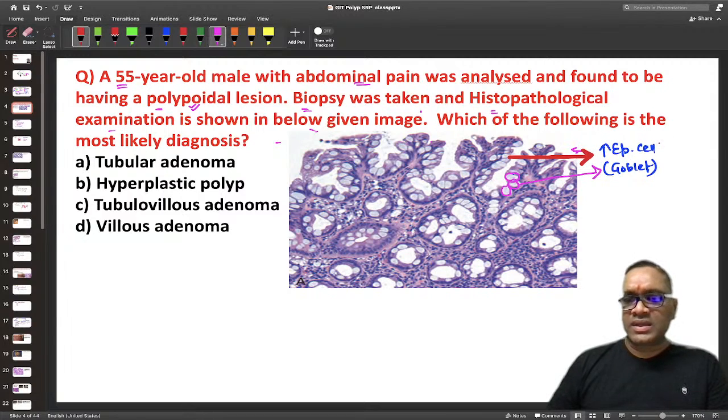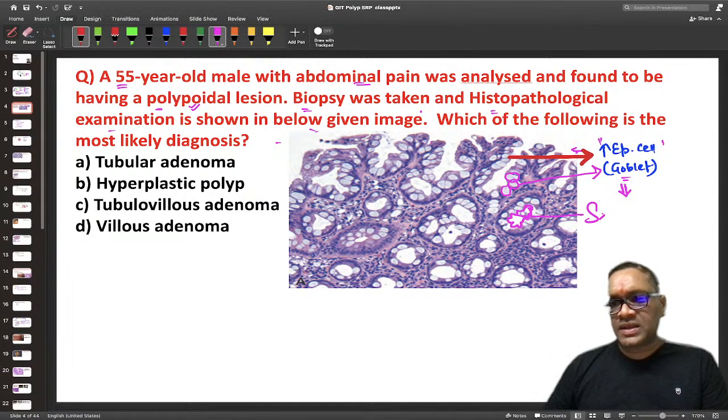So there is an increase in epithelial cells containing goblet cells, and because of this increase, if you notice, how is the lumen? The lumen is now looking serrated, right? Because of epithelial cell hyperplasia, there will be a serrated architecture.